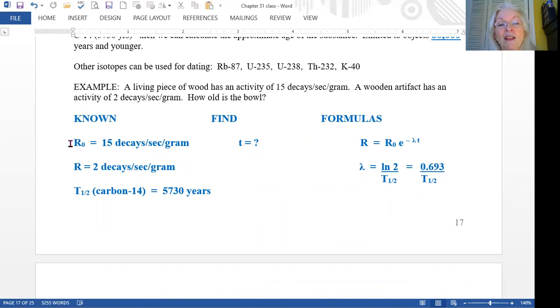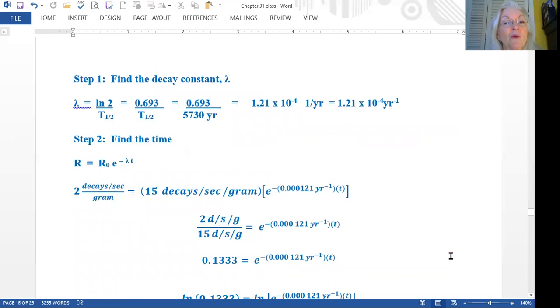We are trying to find the time, and we've got our same two formulas. R equals R0 e to the minus lambda t, and lambda equals the natural log of 2 divided by the half-life. So obviously, if we have the half-life, we have to find the decay constant. So that will be our first step. Find the decay constant. So lambda is equal to the natural log of 2 over the half-life.